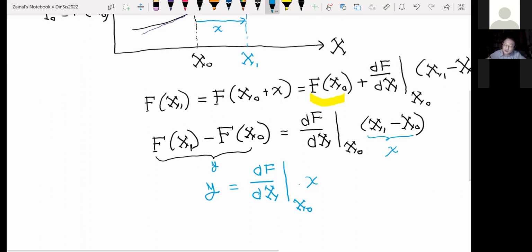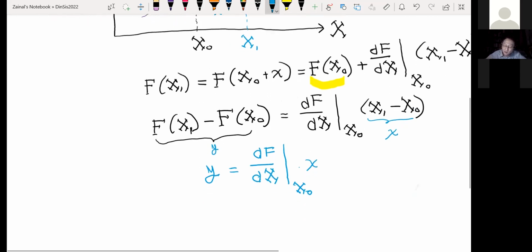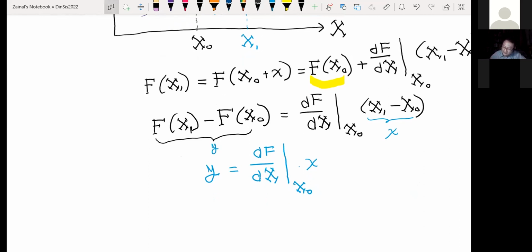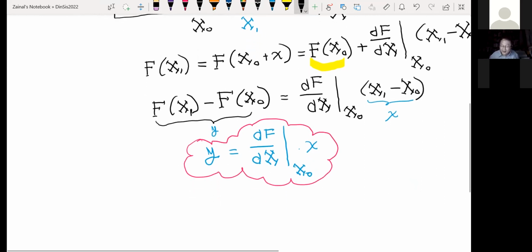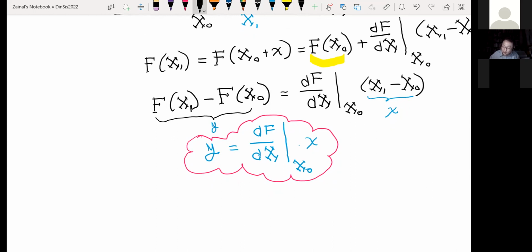So this is what we have here: the linearization of a nonlinear function around x0. If this is small y, remember small y is equal to y1 minus y0.